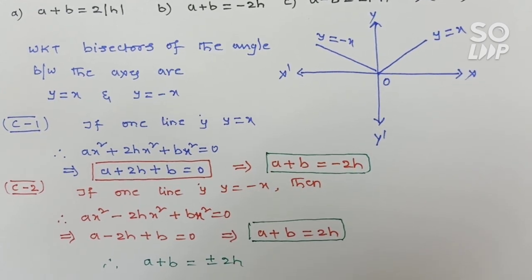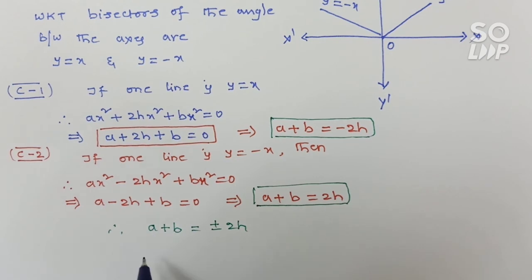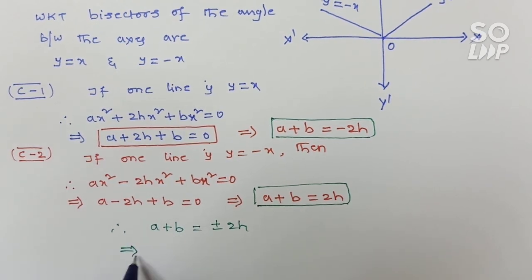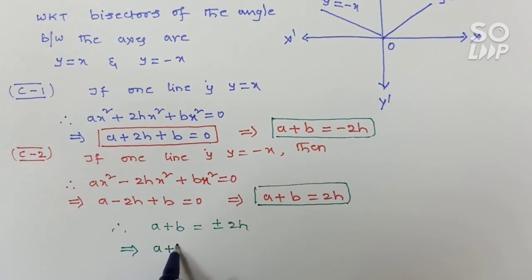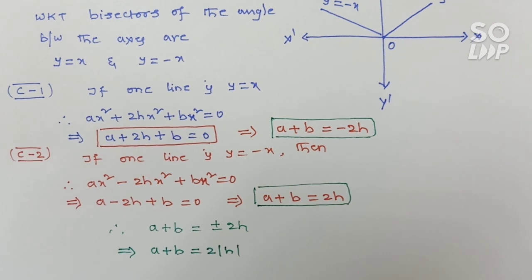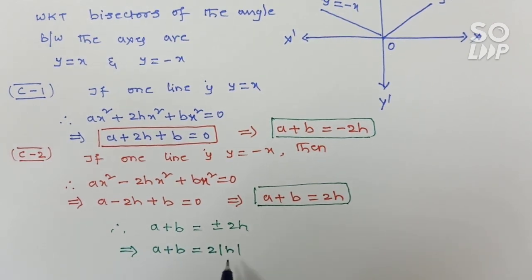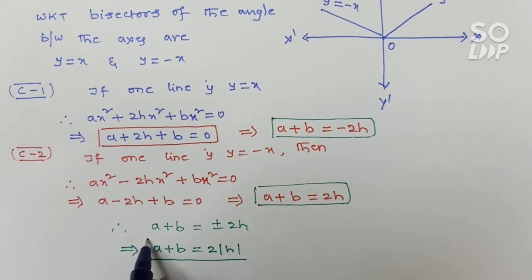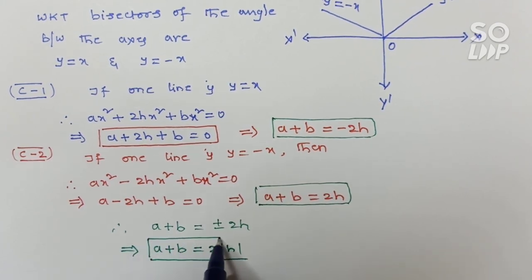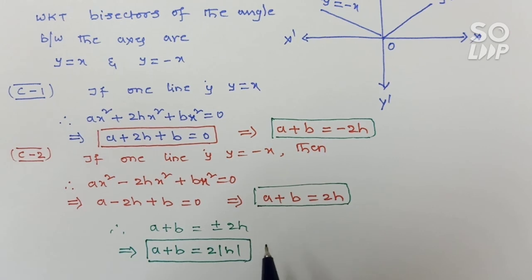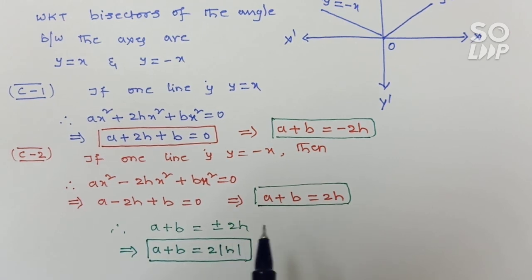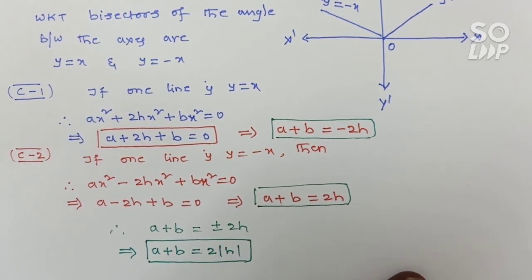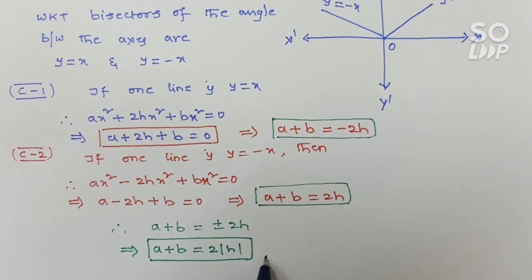Plus or minus means the modulus. That implies a plus b is equal to 2 into modulus of h, or modulus of 2h. The given options have this relation, a plus b is equal to 2 into modulus of h. So this is the correct option.